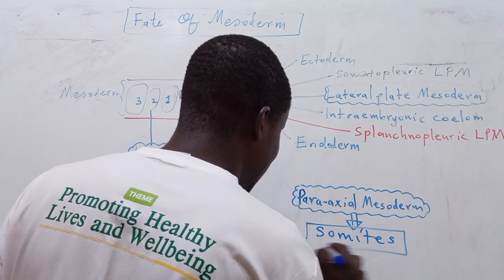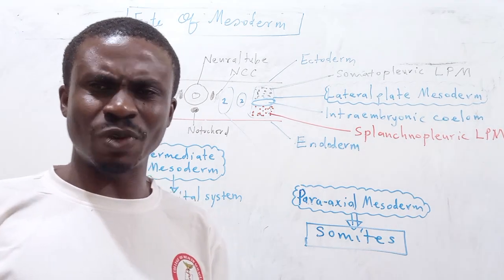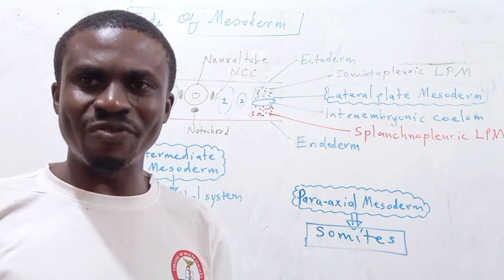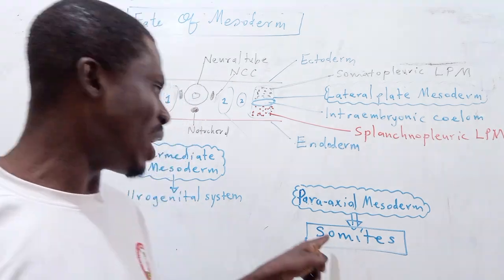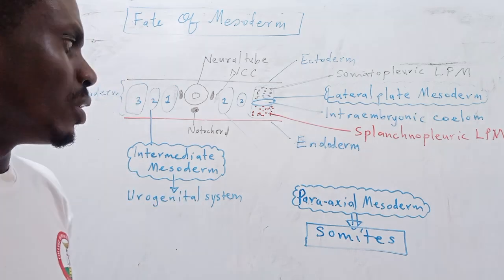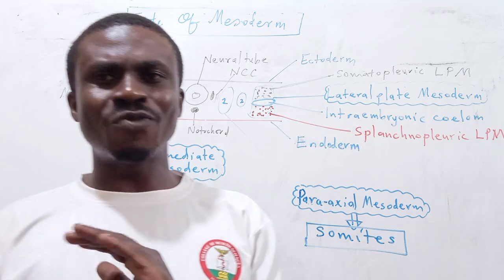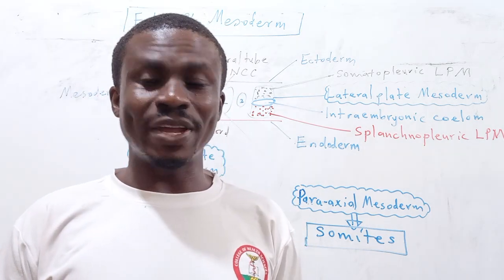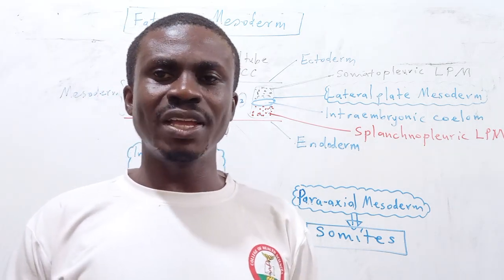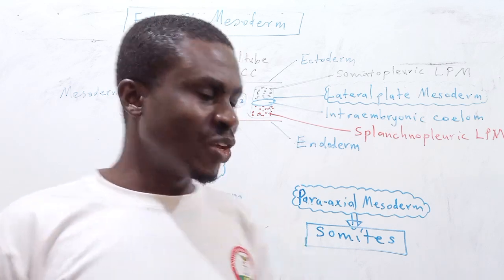Because these somites will be very important in forming some important structures. We can ask you, what are the derivatives of the somites? So you should be aware of the somite, and then we move on. To avoid confusion, there are so many derivatives I'm going to tell you, but there's a very easy way to appreciate them.